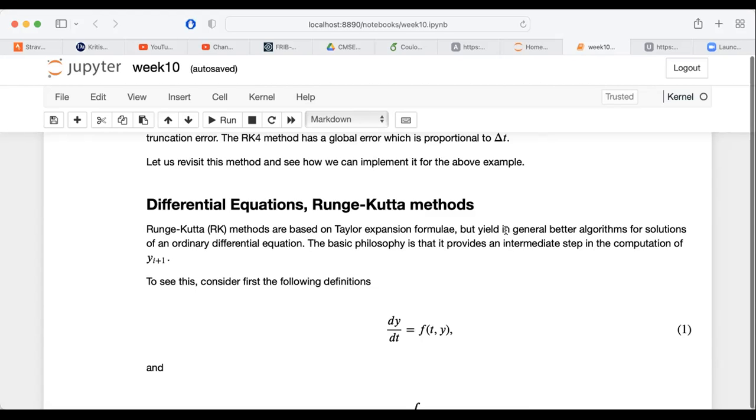When you took CMSE 201, and some of you may have taken CMSE 202, you've probably been calling a package which solves differential equations, right? Into that package, you will find an acronym which goes like RK2 or RK4. These are different approximations of the Runge-Kutta family of methods. So what we are providing you with are the codes for doing this.